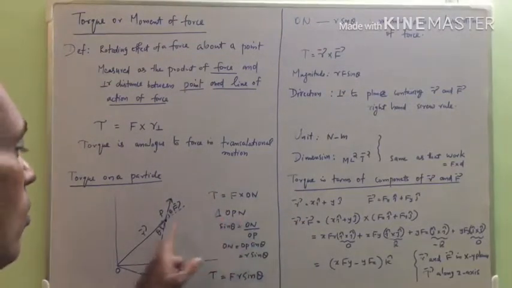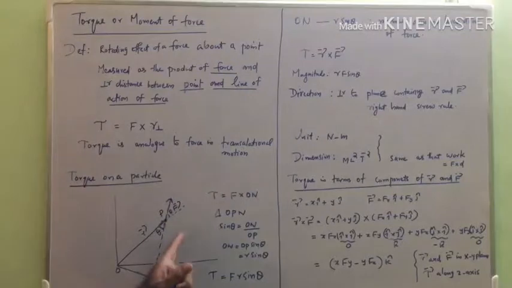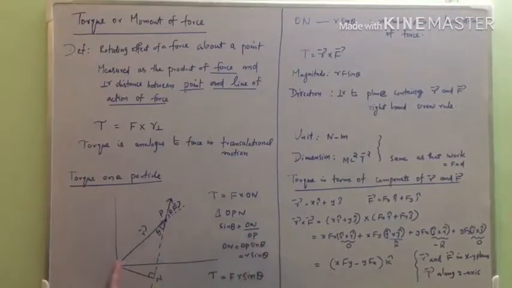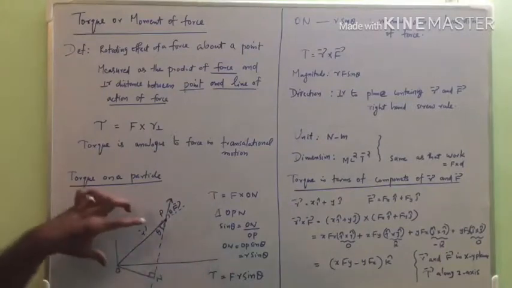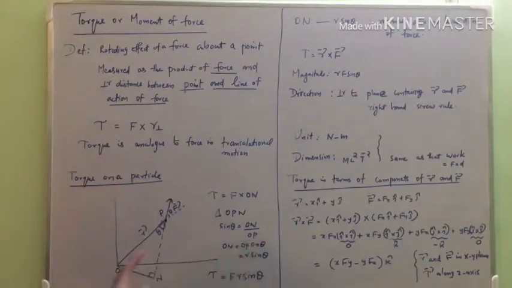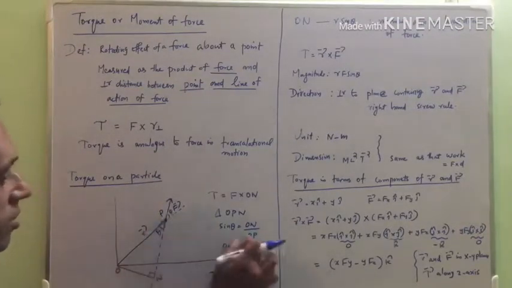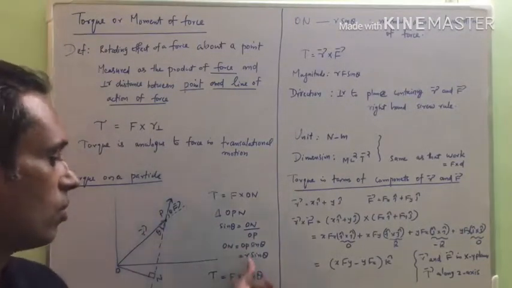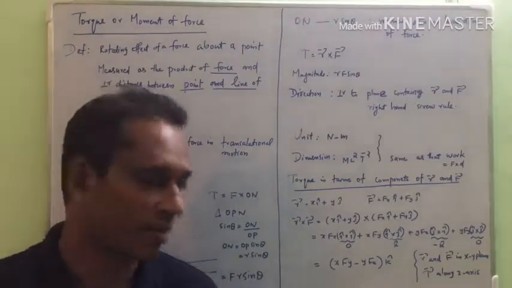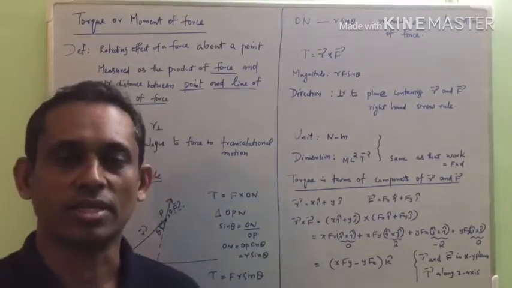From triangle OPM, if you take sine theta, the opposite side is ON, and the hypotenuse is OP, which is nothing but the magnitude of the position vector r. So ON is equal to OP sine theta, which is equal to r sine theta.